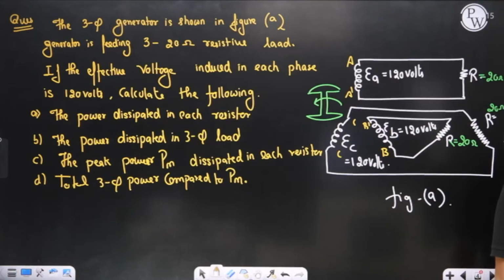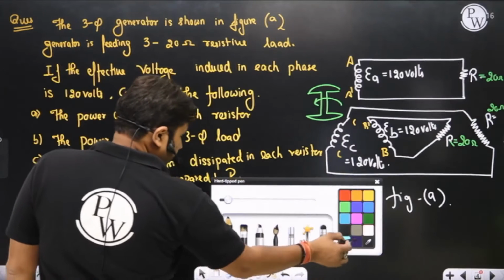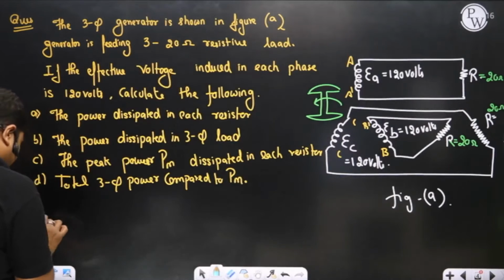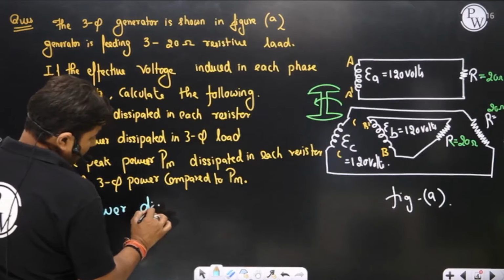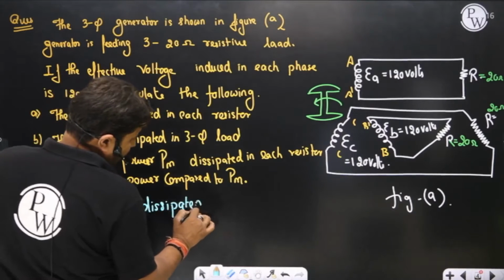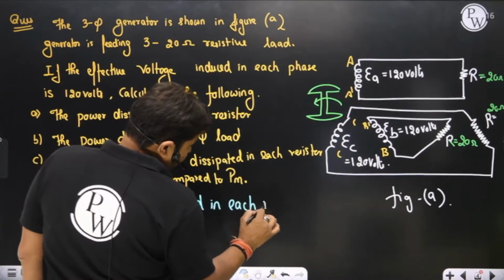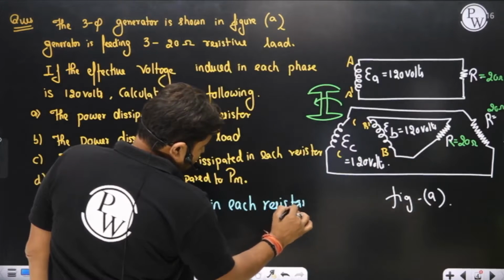So the first part is the power dissipated in each resistor. So what is the power dissipated in each resistor?